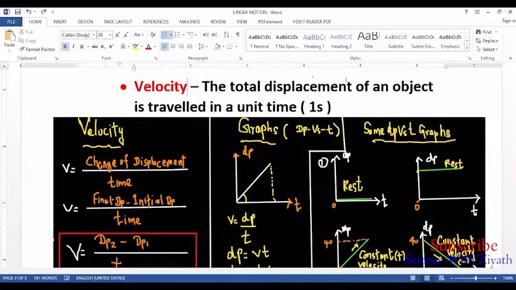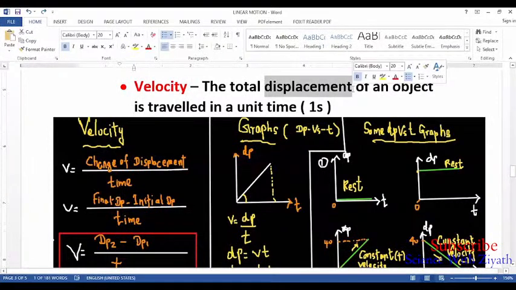But if it's a velocity, this would be displacement in 1 second. That is velocity. So velocity and speed are different. Speed is connected to distance, velocity is connected to displacement.